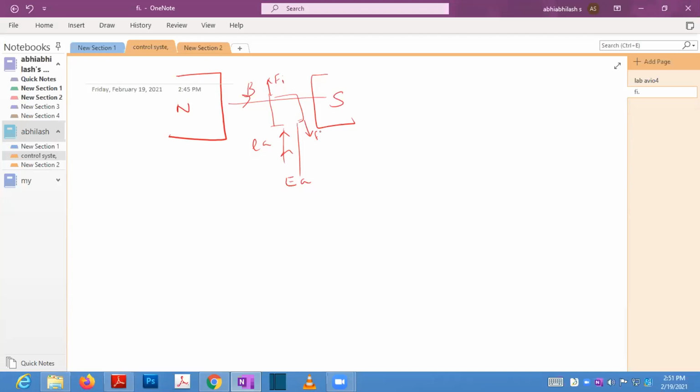The torque is proportional to the current through the coil. That equation you don't know?